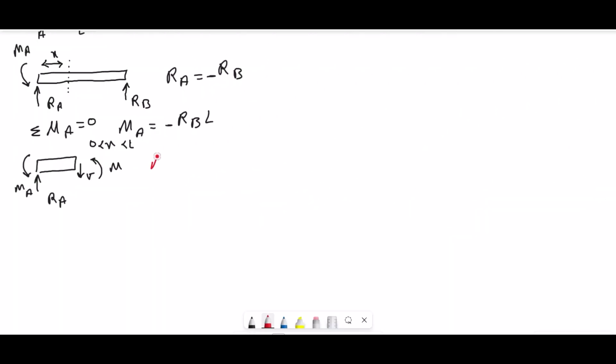We can write M is equal to minus M of A, because both M and M of A are counterclockwise, so M of A goes on the other side of the equal sign and it receives a minus sign. And we can add R of A times x.